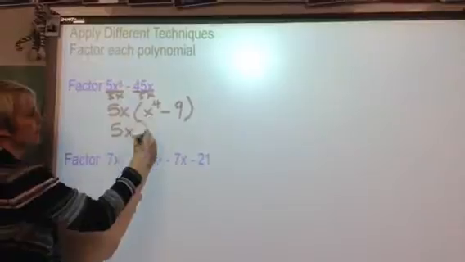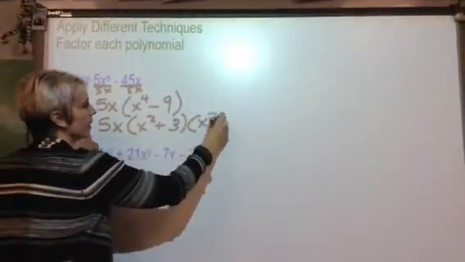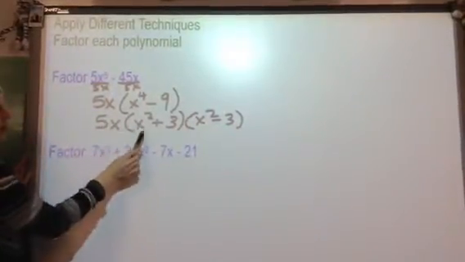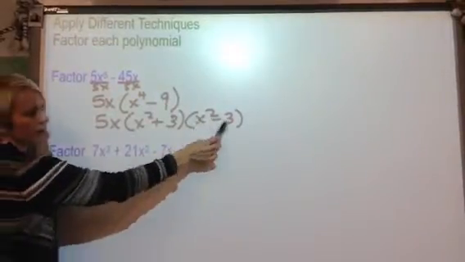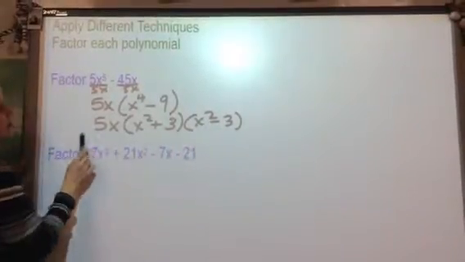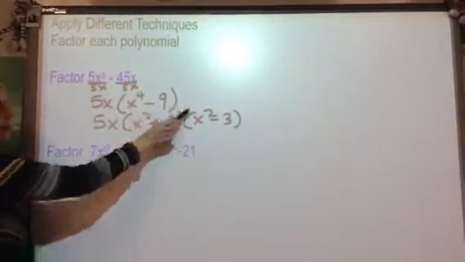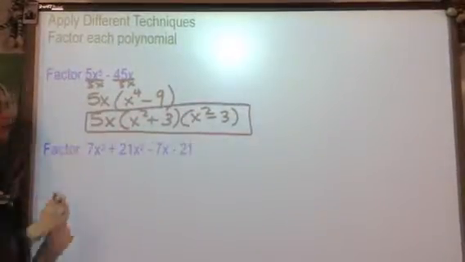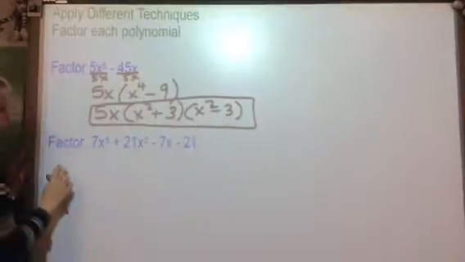So I have 5x times x squared plus 3 times x squared minus 3. Now if you'll look here, this is a perfect square, but this is not. So this is as far as you can go. I factored the 5x out first, and then I have a difference of squares here. Remember, you can only use the pattern if they're both perfect squares. This is, but this is not.